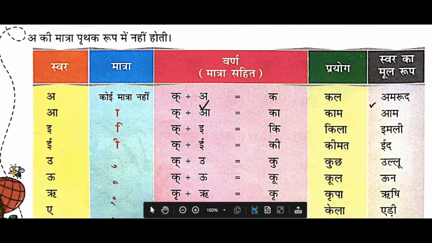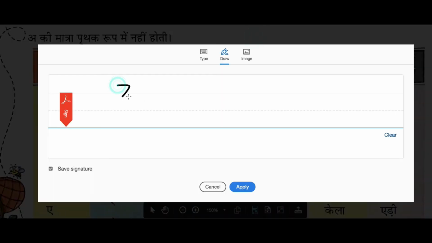Now let's see one more word, anar. So here it can be divided in three parts. A is a swar one. This is swar one, so it doesn't need any support.